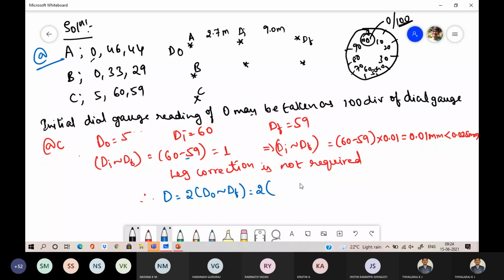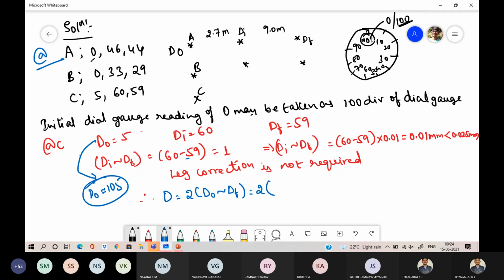So we will write this D naught as 105. Why? Because the initial dial reading of 5 is considered to be 105 divisions, as the dial needle moves anti-clockwise.